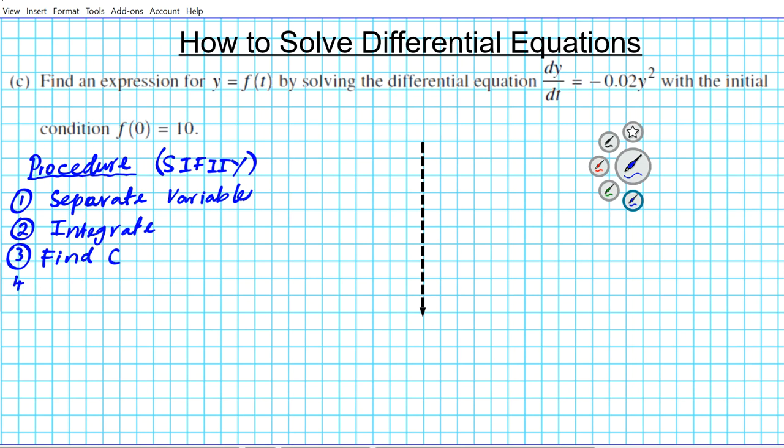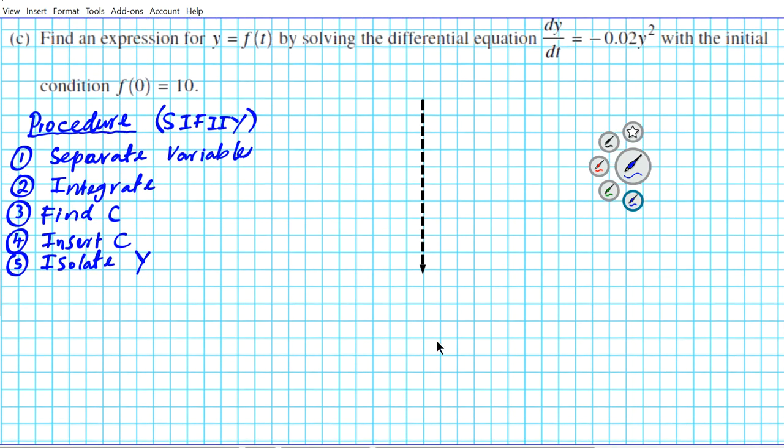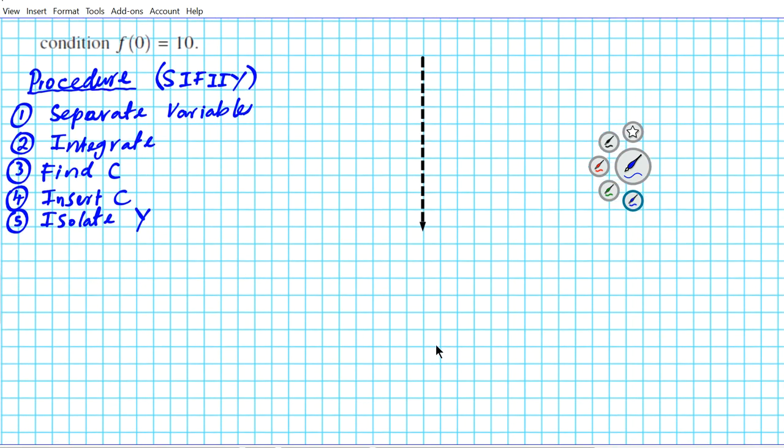And then we're going to insert c into the equation that we integrated, and then we're going to isolate y in the equation where c was inserted. So when you get your y isolated, ladies and gentlemen, you have achieved the solved state of your differential equation. Okay, so that's what is meant by the particular solution where you have y isolated.